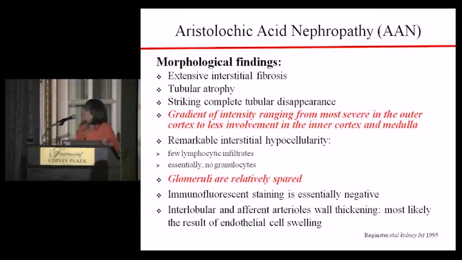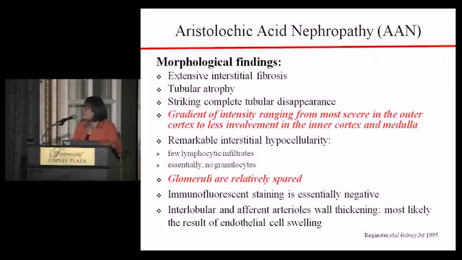Morphologically, this unique pattern of aristolochic nephropathy, if you listen to this lecture, that's all you need to know about this condition. Like I mentioned earlier, there is extensive interstitial fibrosis and tremendous tubular atrophy.